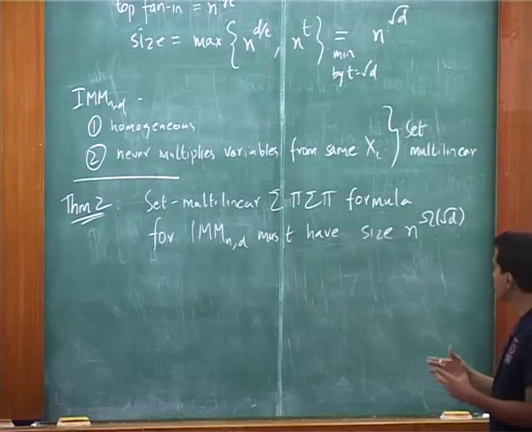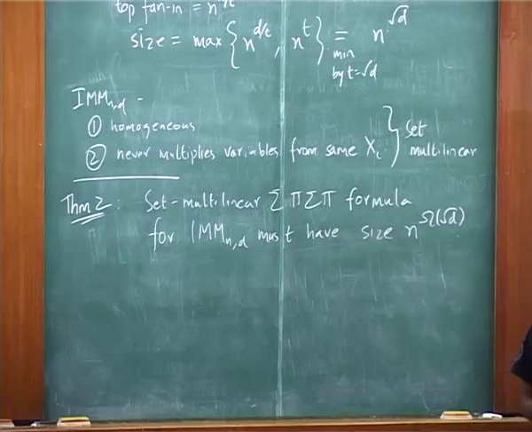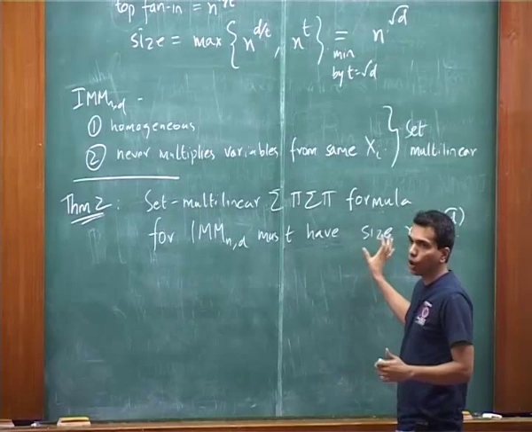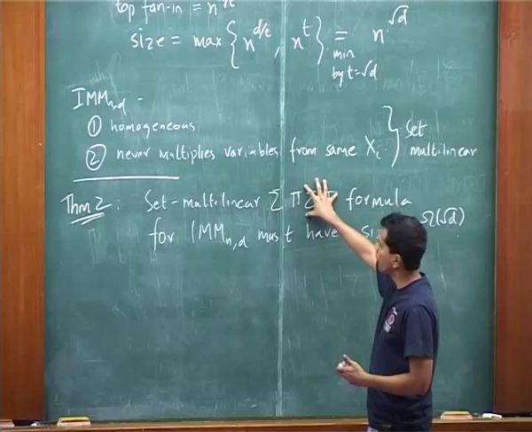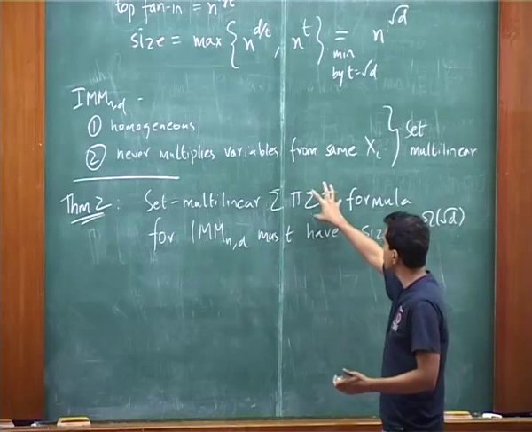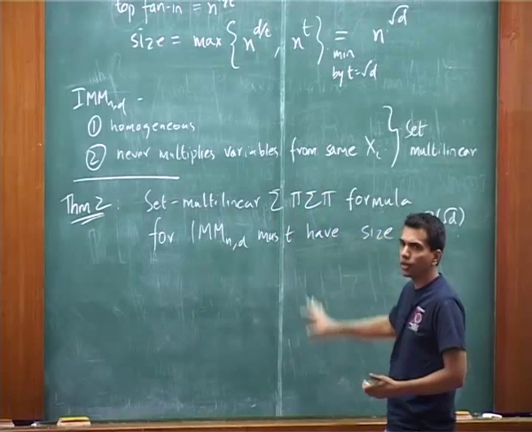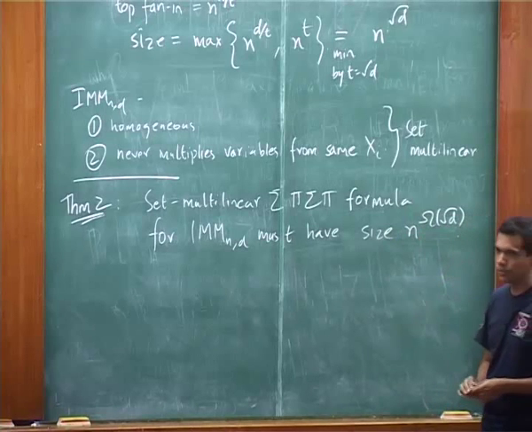The polynomials at the bottom could be huge, the multiplication gates could be computing huge degree polynomials, you don't care. And in some sense here, you cannot obtain a top fan-in bound. You must obtain a size bound, because these polynomials at the bottom could be arbitrary degree polynomials. If you only talk about top fan-in, this part could just compute your entire polynomial for you. So you can't get a top fan-in bound here. You must aim for a size bound, and in fact you can get the right size bound.